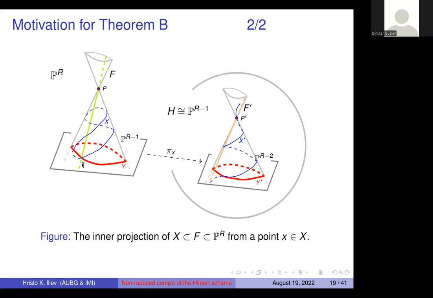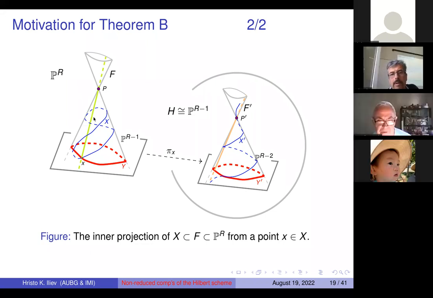So for example, if you look at the ruling that I have here through the point X, and if you look at the image of this line from the ruling of the cone, the green one, then its image is a point.